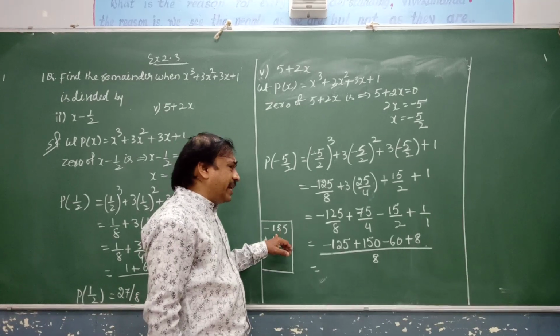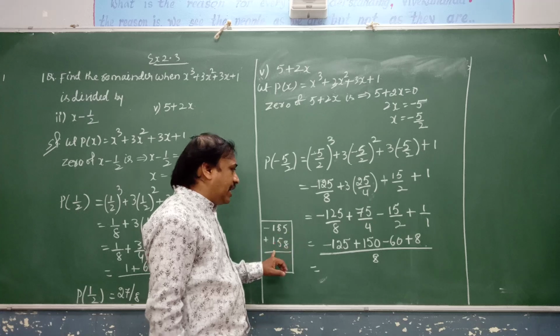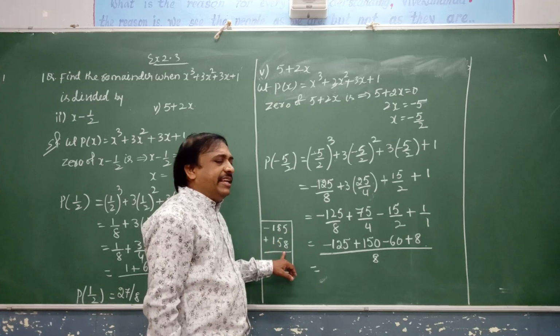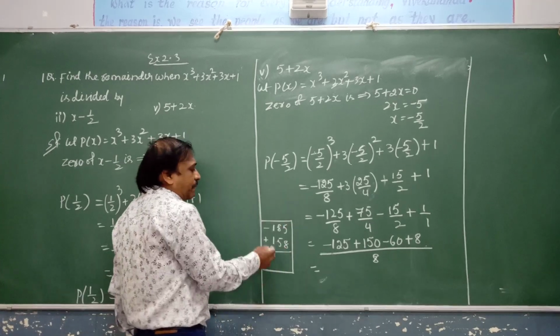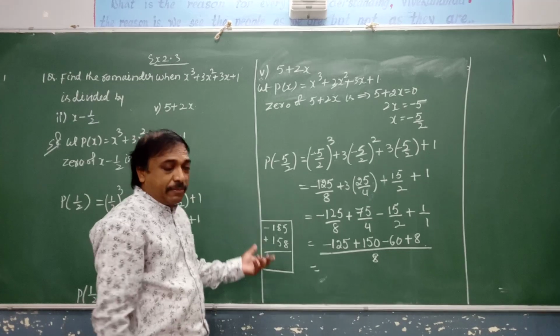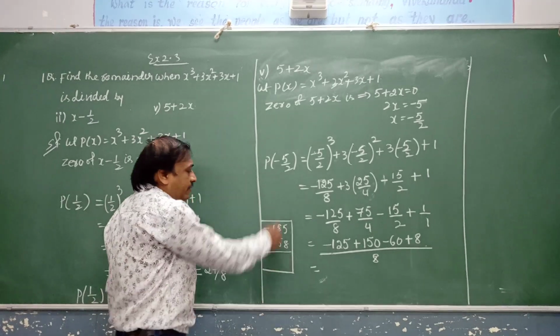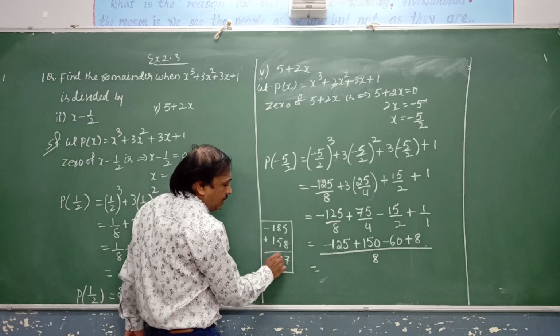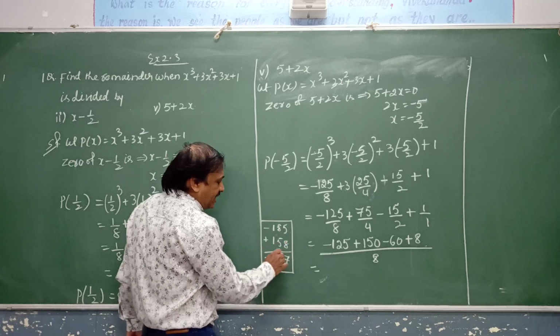Observe it. One is minus 185, another is plus 158. So if you subtract, ignore the signs and subtract. Keep the bigger number's sign. 15 minus 8, 7. Then 7 minus 5, 2, minus.